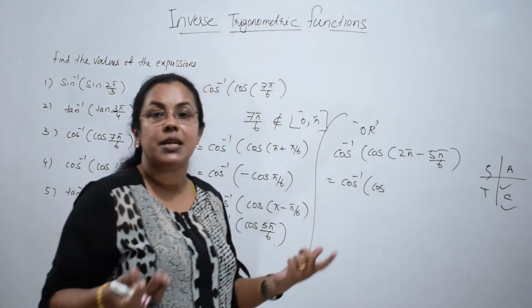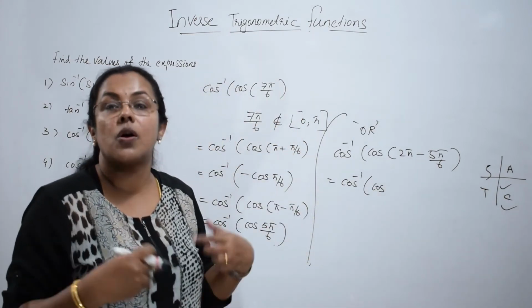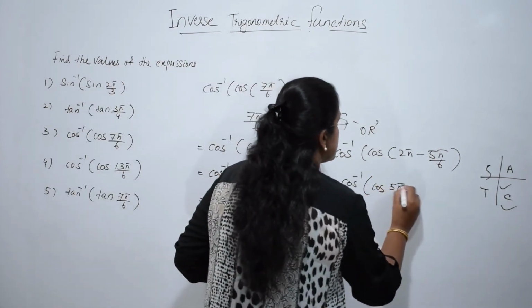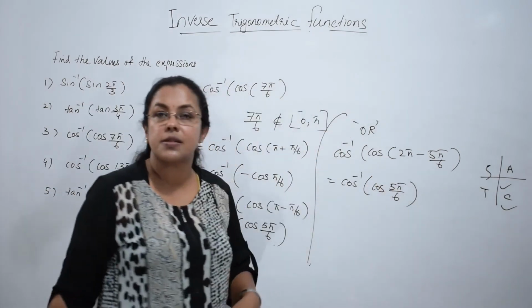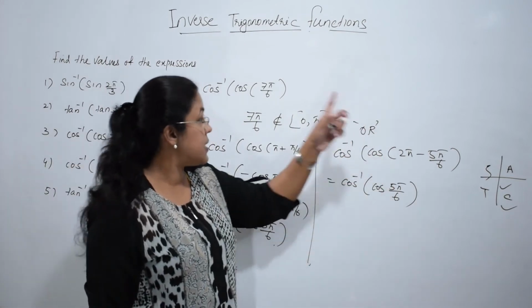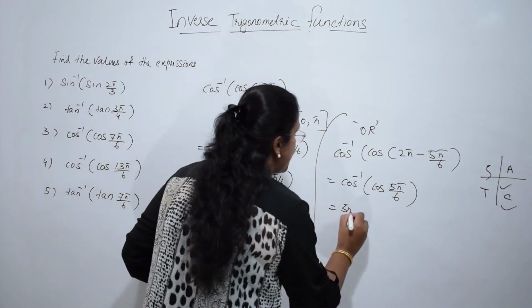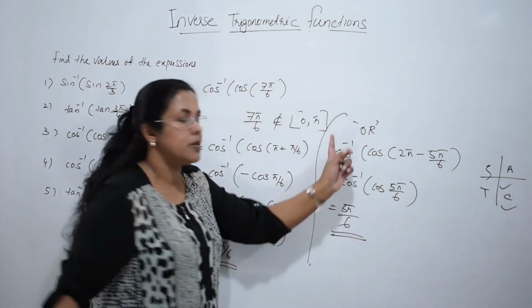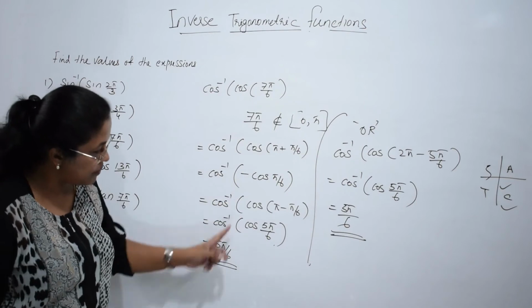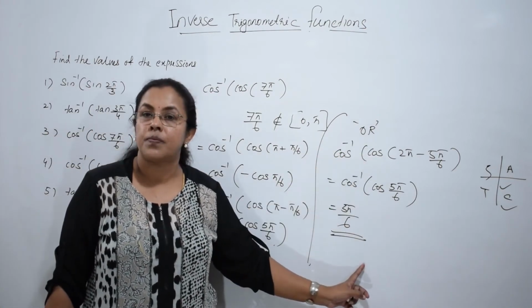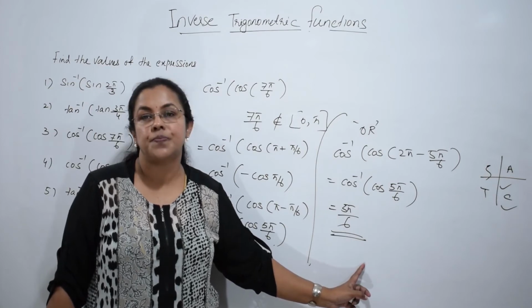Cos 2 pi minus theta is cos theta. So the answer is cos 5 pi by 6. 5 pi by 6 lies in this interval. So we can write the answer as 5 pi by 6. Both the methods are right. Either you can do it by this method or by this method. Hope it is clear to you.